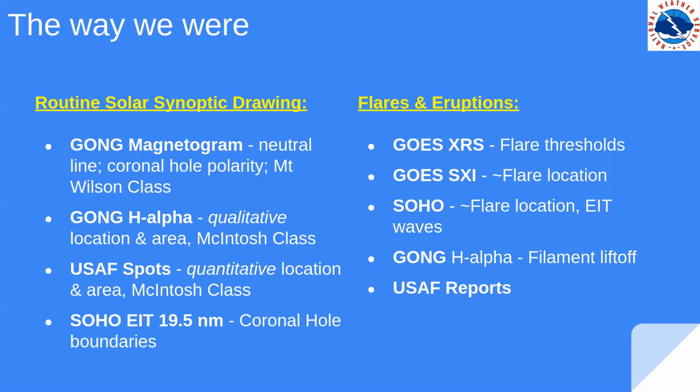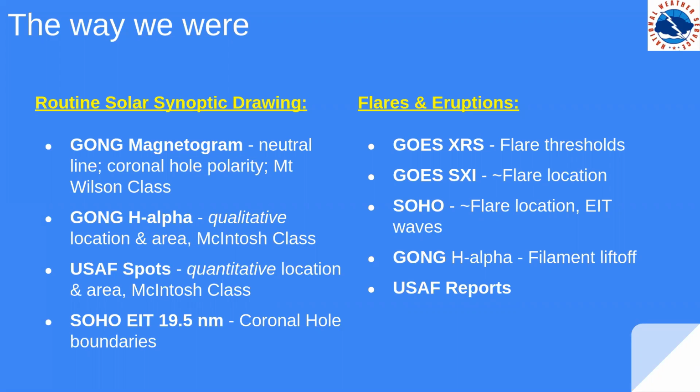We'd look at H-alpha for a qualitative location and area for the sunspots and the McIntosh classification. We'd use the spot reports that I mentioned earlier and the McIntosh class assigned by the Air Force observatories. And then we'd use the SOHO EIT primarily for coronal hole boundaries.